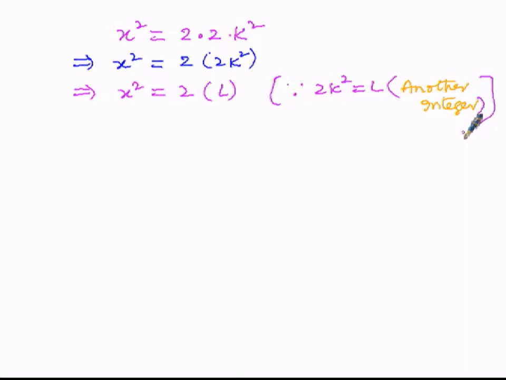The next logical step: that implies x square equals 2 into L, where L is an integer. As per the definition of an even number, 2 into an integer is nothing but an even number. So x square equals 2 into integer, which is nothing but an even number.